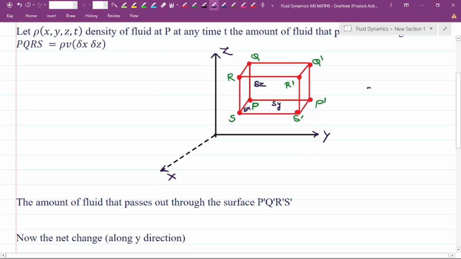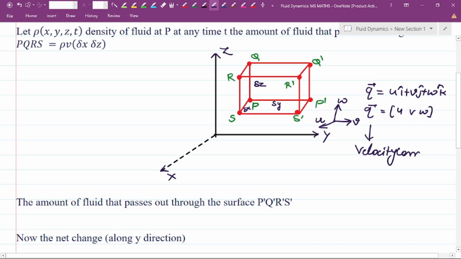The velocity vector q is u i cap plus v j cap plus w k cap, so we can write the components as u, v and w: u in the X direction, w in the Z direction, and v in the Y direction.